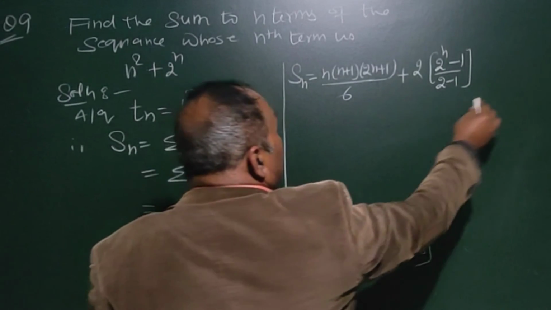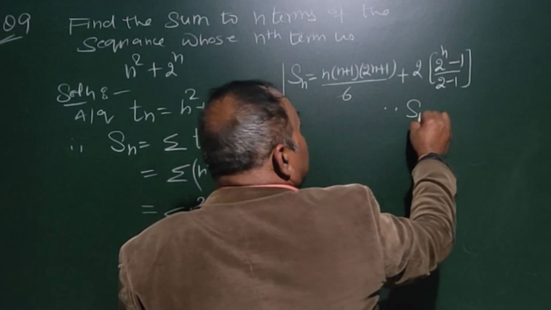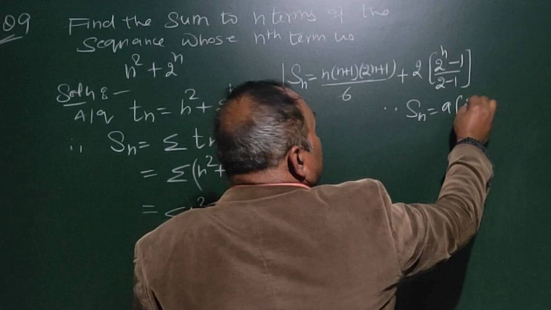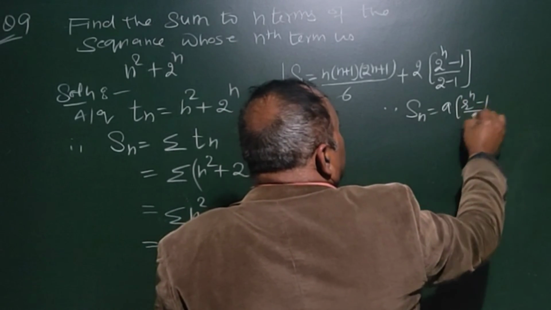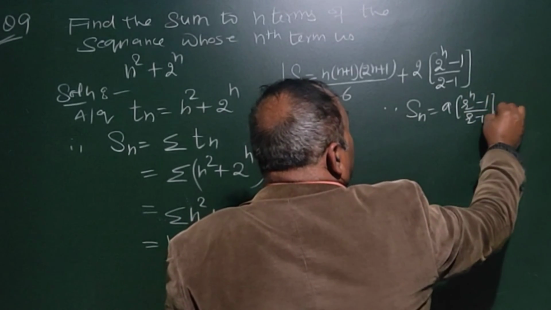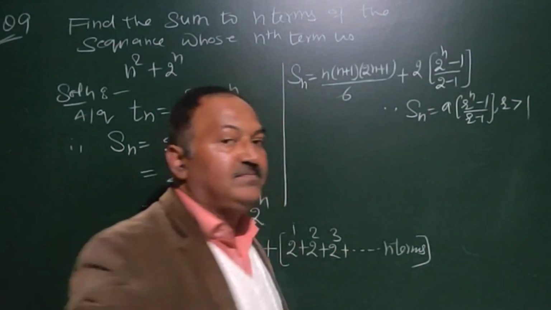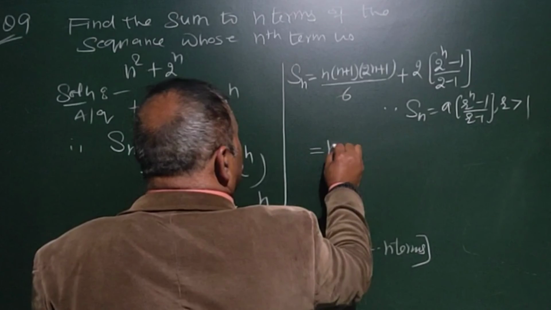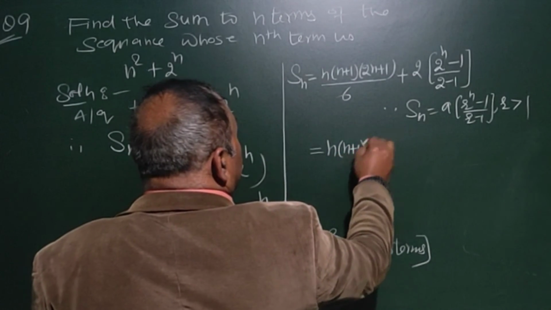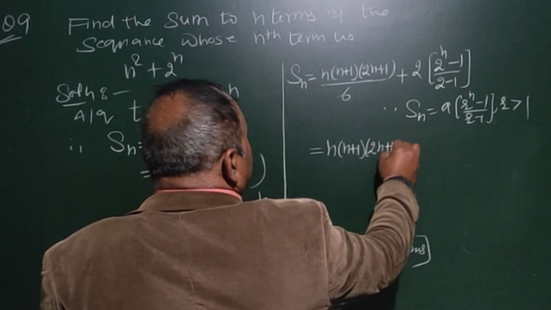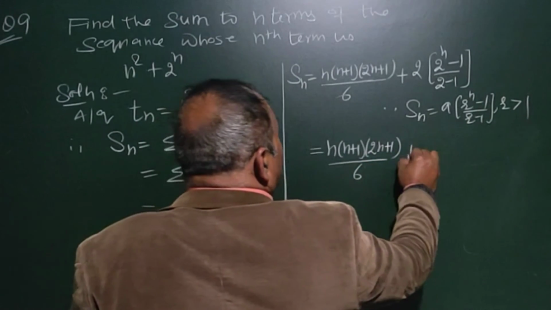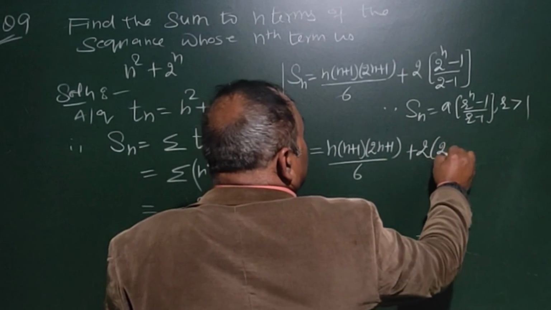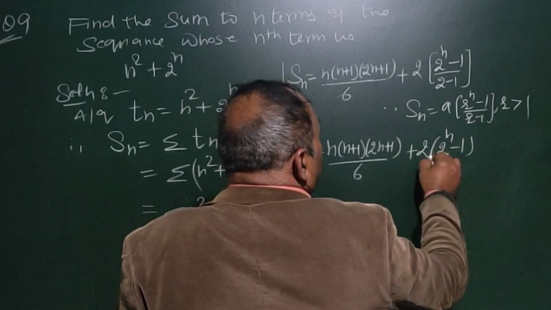Applying the formula, Sn is equal to A into r raised to power n minus 1 upon r minus 1 if r is greater than 1. Hence the answer of this question becomes n into n plus 1 into 2n plus 1 upon 6 plus 2 into 2 raised to power n minus 1 upon 1.